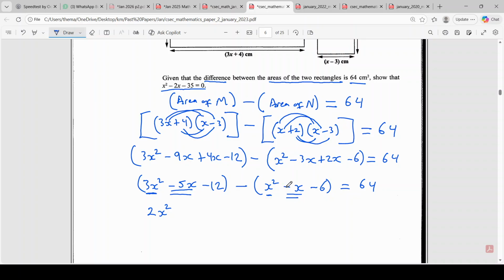So this minus and minus is going to make this a positive. So we end up with minus 5x plus x, which will give you minus 4x. Then we have minus 12 take away negative 6. So that will become minus 12 plus 6, which will become minus 6.